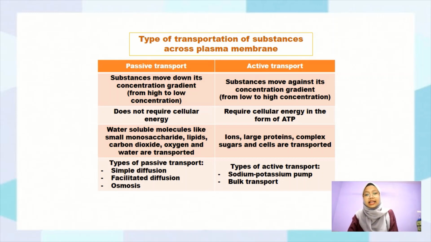There are three types of passive transport, which are simple diffusion, facilitated diffusion, and osmosis. For active transport, there are only two, which are the sodium potassium pump and bulk transport.